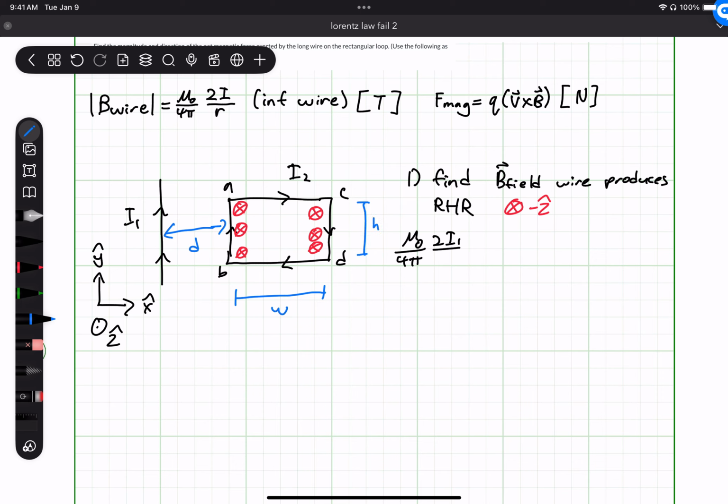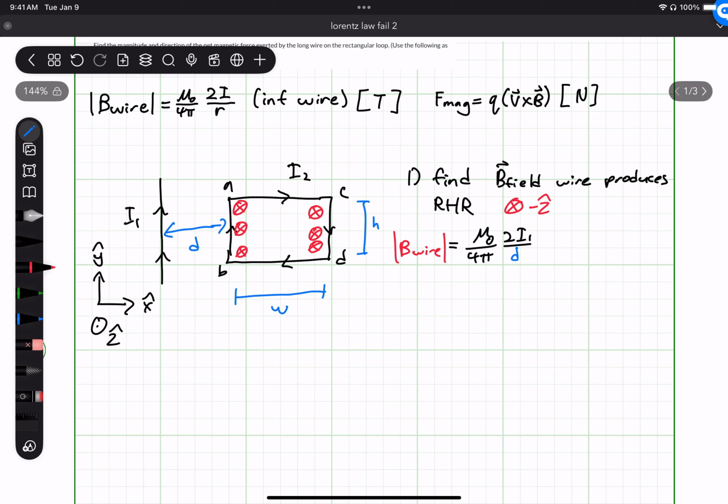So this will just be D, right? And this is equal to our B field, and this will be in the negative z hat direction.